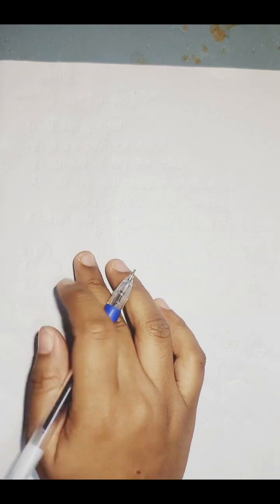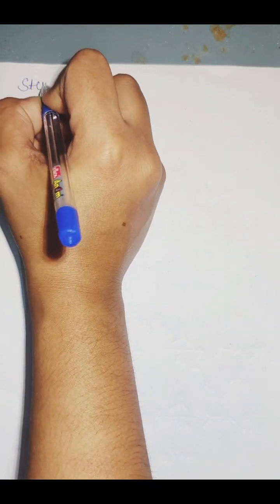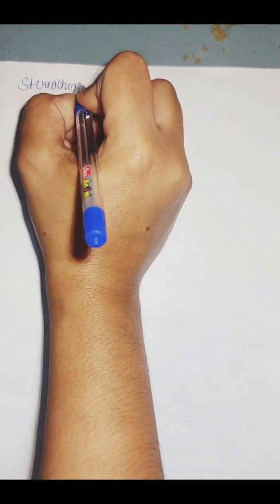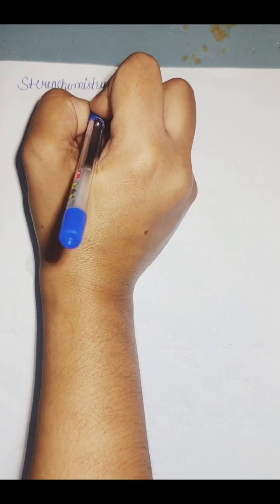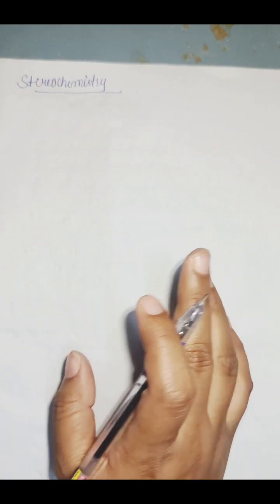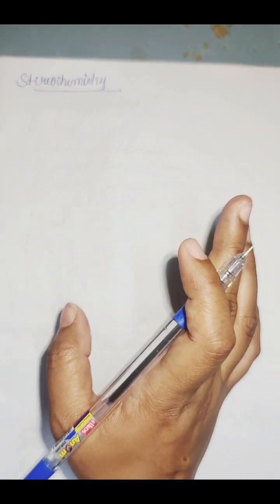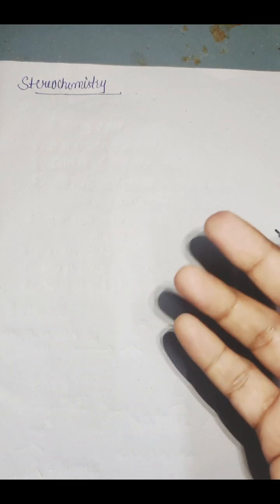Now I am going to discuss the stereochemistry of LiAlH4 when it reacts with some substrate. I am making this video just to recap LiAlH4. I am not giving the whole thing about the different types of reactions.